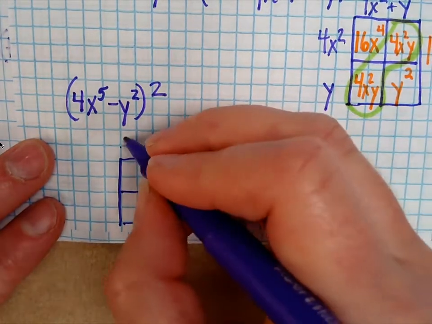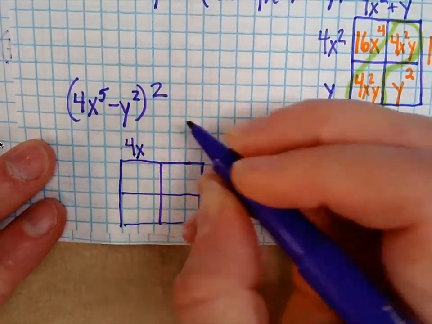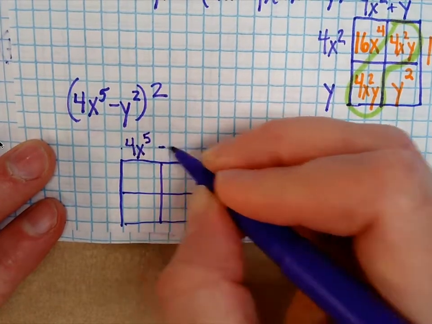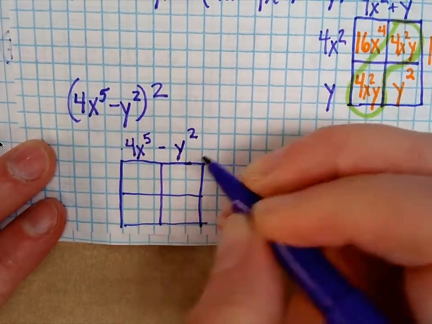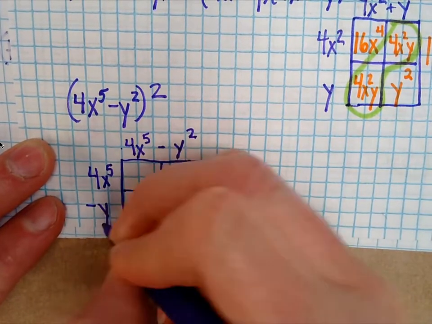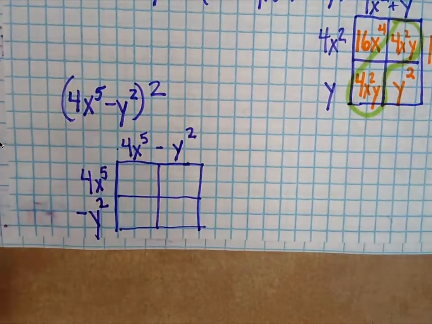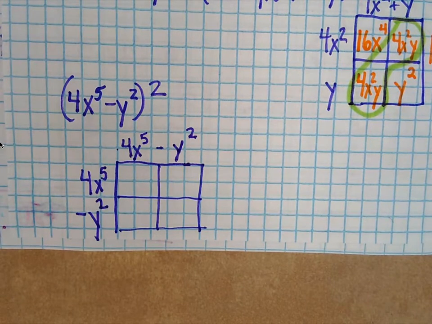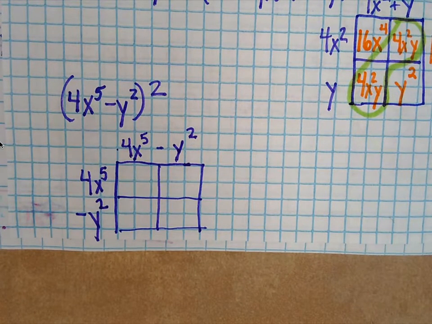So we know this means I'm going to do the same thing on the top and on the side. So on your Delta Math, you're only going to have 3 problems like this. The rest will be the ones that are just simple binomials.